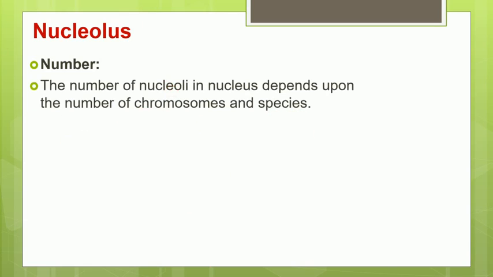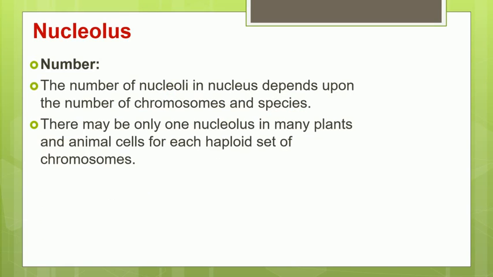So there may be only one nucleolus in many plant cells and animal cells for each haploid set of chromosomes. Okay, so for a single haploid set of chromosomes, one nucleolus is mostly present in most plant and animal cells.